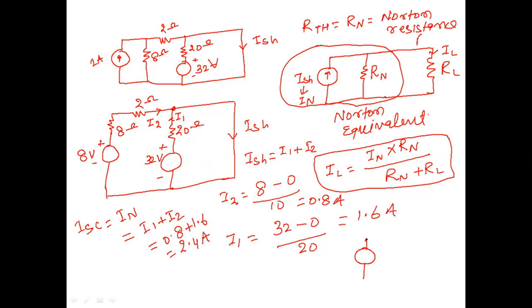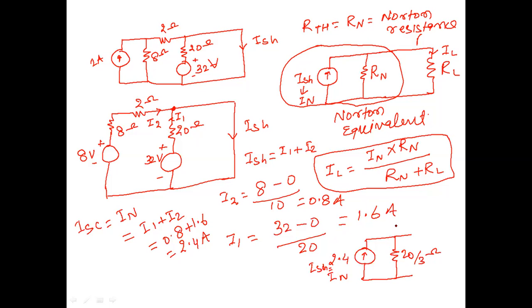This current we have to put here, and this Rn is 20 by 3, that is RTH, and here we have calculated it is 2.4, that is called IS, short circuit current, and that is also called IN, Norton current. So by using the direct method we have calculated this value, and if we go directly from the Thevinin theorem, then we can also find this equivalent circuit.